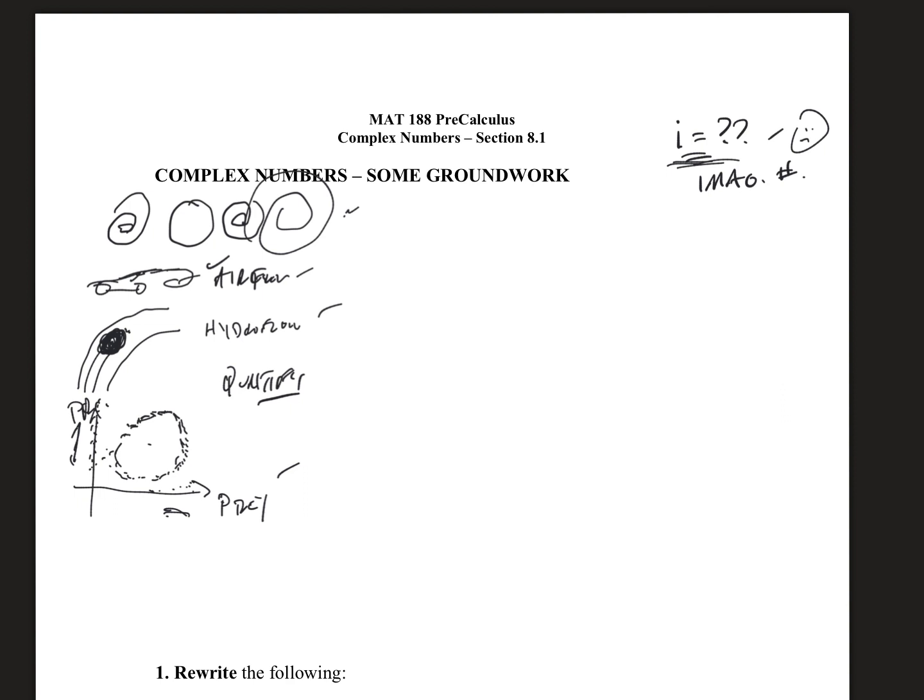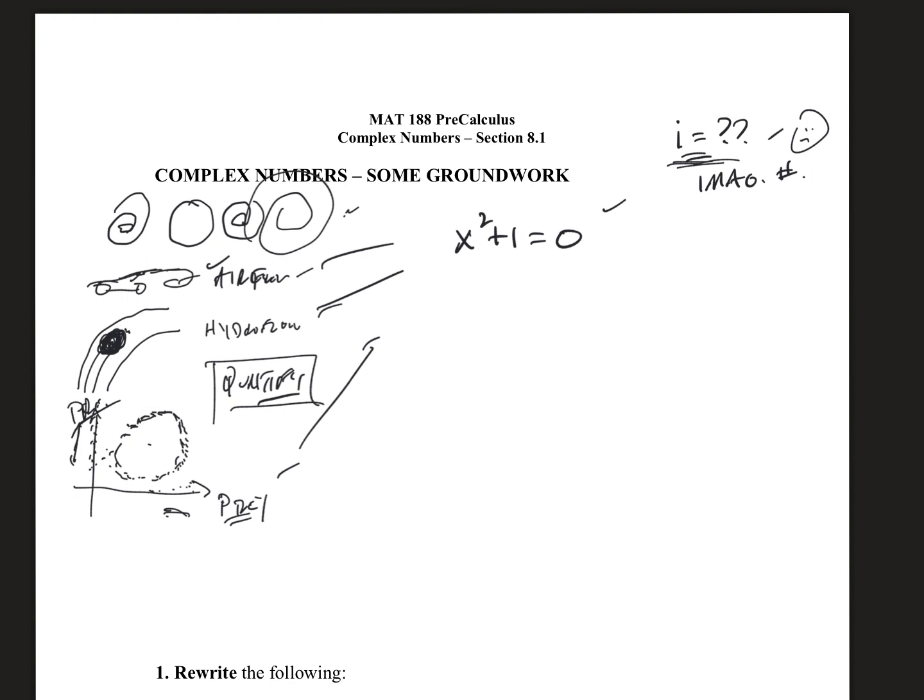How many wolves are in the area versus how many caribou, whatever the case might be. We're trying to quantify our reality, but it turns out that all of these have some form of x squared plus 1 in them. I'm oversimplifying the heck out of it, but I just want to cut to the chase.